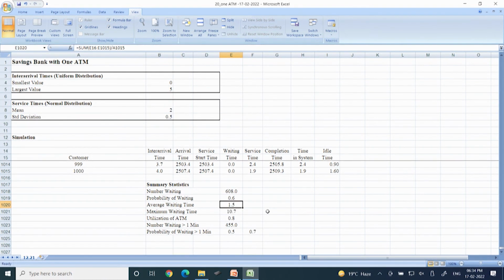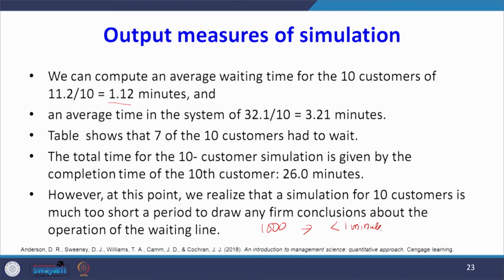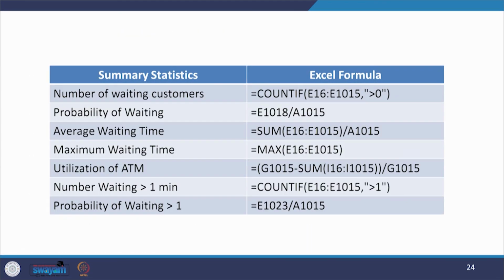If I continuously press F9, you see that most of the time the average waiting time is more than 1 minute. So, I will go back to the presentation now. I will conclude saying that if you have only one ATM, you cannot achieve the service requirement that a customer should not wait more than 1 minute.